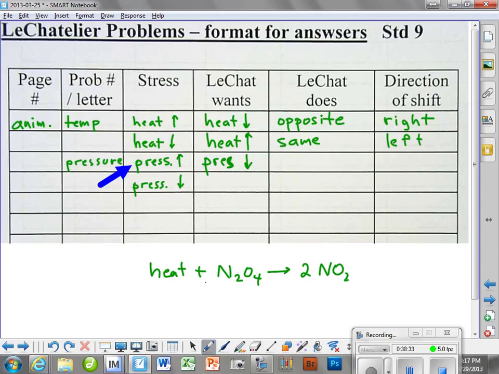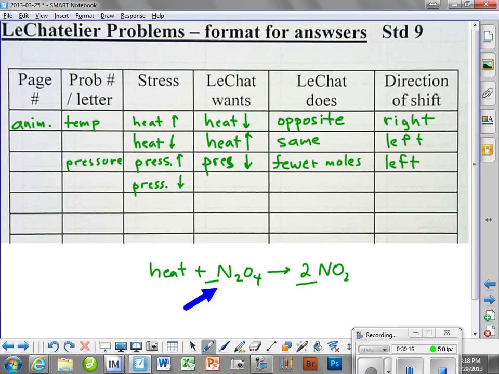You can see we have a coefficient of 1 over here, and a coefficient of 2 over here, and I'm pointing to this guy and this guy. The fewer moles is over here, and the side with fewer moles is the left side.